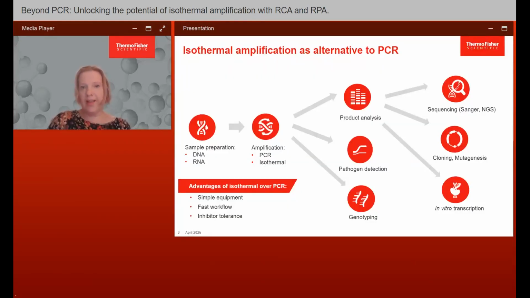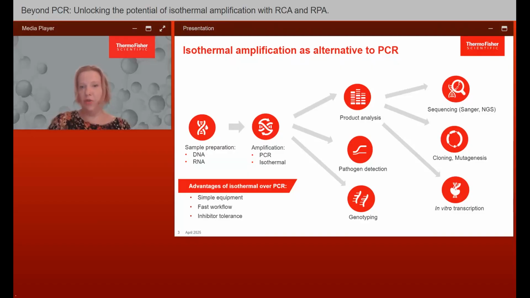Amplification of nucleic acids is at the core of almost all molecular biology workflows because DNA or RNA in the sample can be very precious, limited. Amplification allows to get significant amount of the target region, which is sufficient for further analysis.